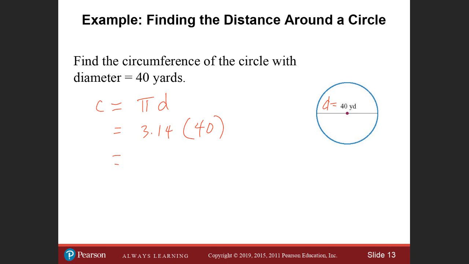And then we will multiply that, 3.14 times our d, which is 40. It's about 125.6, or the circumference rounded to the nearest whole number would be 126, and the unit would be yards.